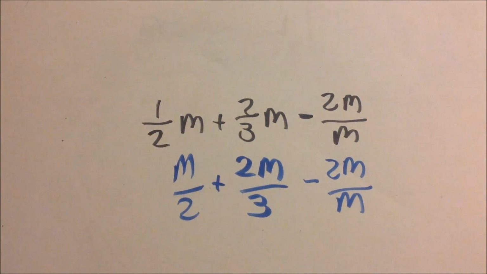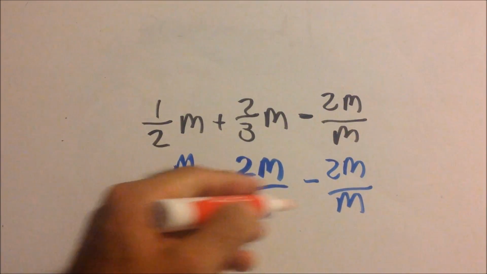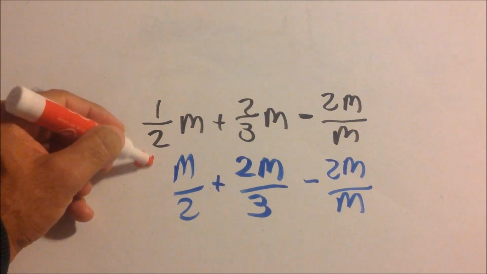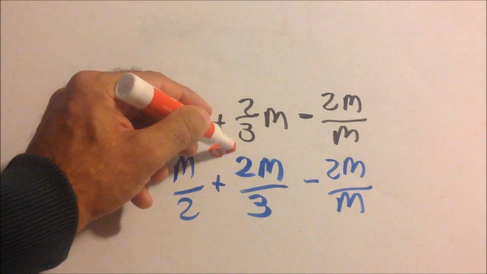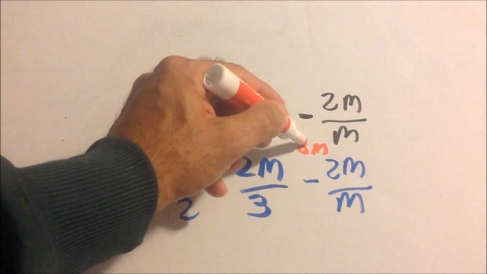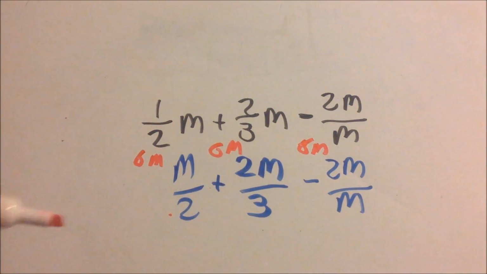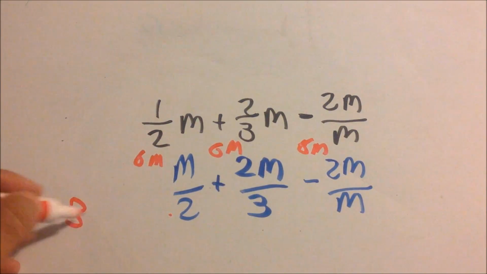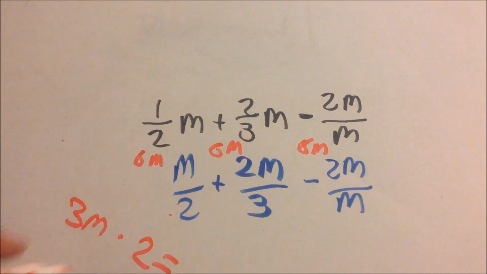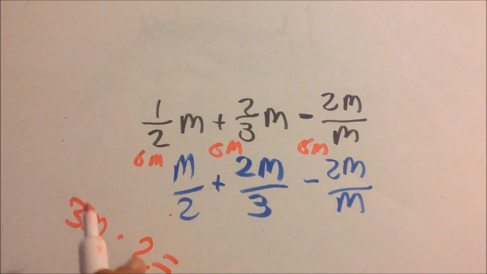Okay, so now we're looking for the lowest common multiple. I'll use a red pen. 2, 3, and m, it's going to be 6m. Okay, so well, 2 goes into 6m 3m times, right? Because 3m times 2 is 6m.